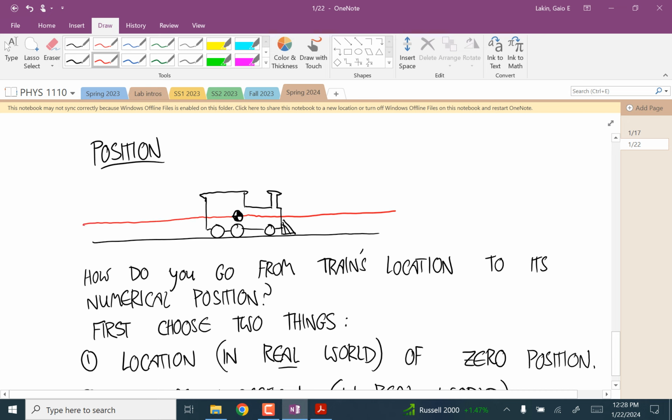And I'm going to say this is the zero position. And then I'm going to say from that zero position, this is positive, and that means that this is negative.